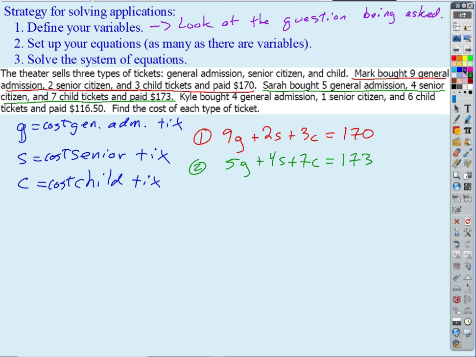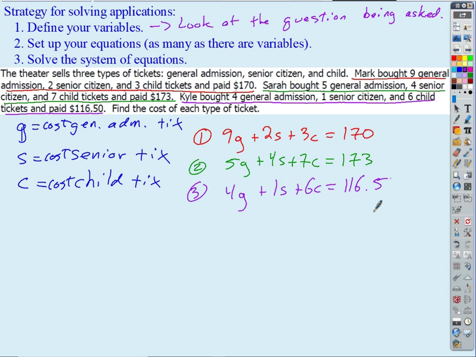Good, and then finally, we got Kyle, 4, 1, and 6. So, what, 4G plus 1S, I didn't put the 1 there, did I? Plus 6C equals 116.5, okay? And there's our system, right?